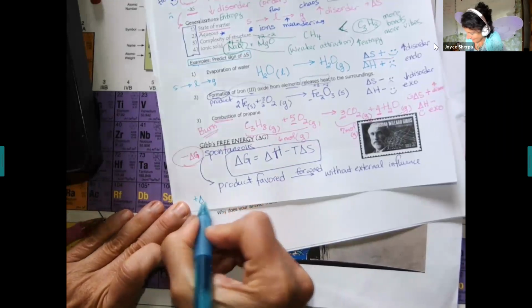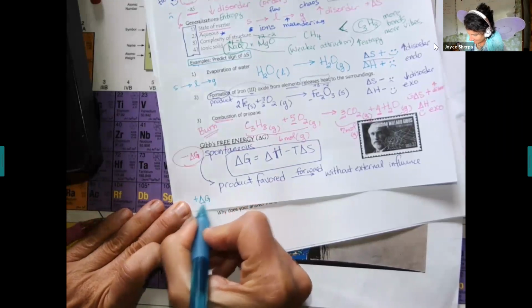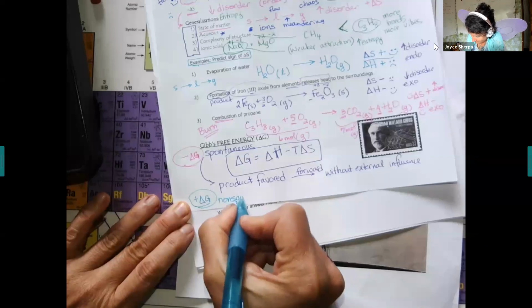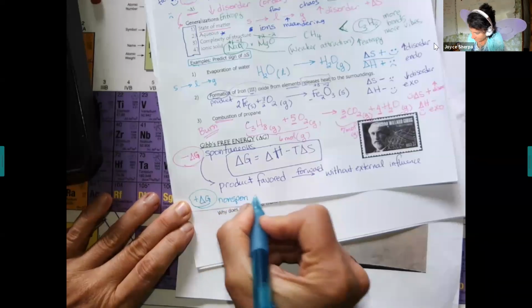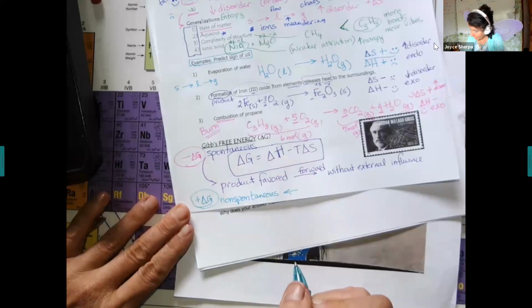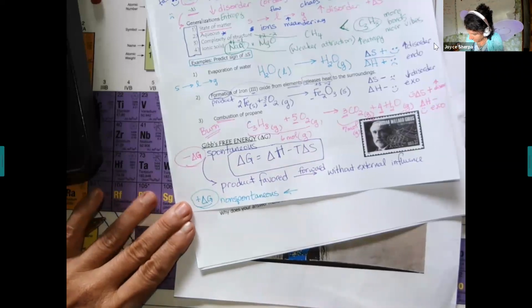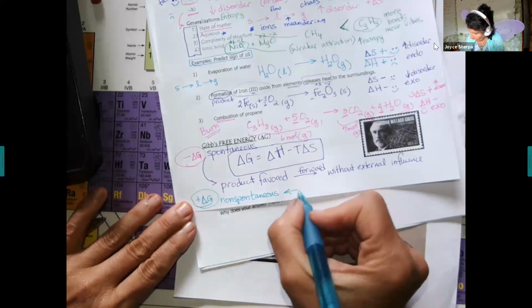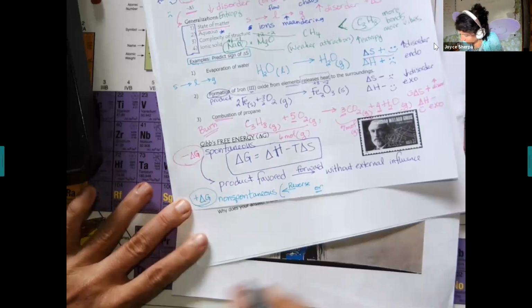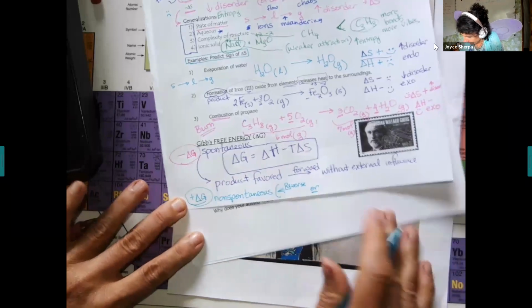I pondered this yesterday. Positive delta G means non-spontaneous, which means we're going in the reverse direction. So it either means we're moving reverse, or there is an or a but, or you must keep pushing.